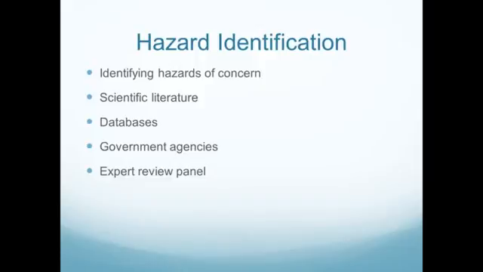So all these you get from outbreaks, from the literature, from databases. Government agencies might have a policy, a listeria policy, which is very significant. Or it's just basically some expert review panel. Enterobacter sakazakii, for example, was looked at with formula milk, even though the outbreaks are very rare.